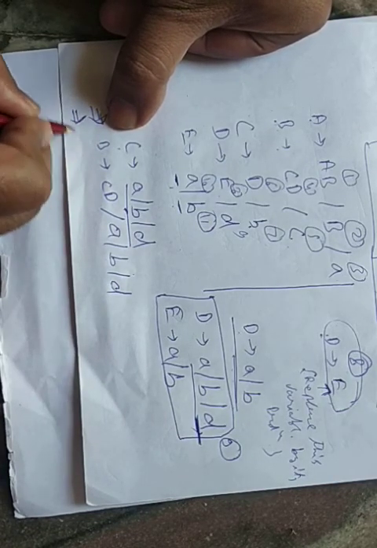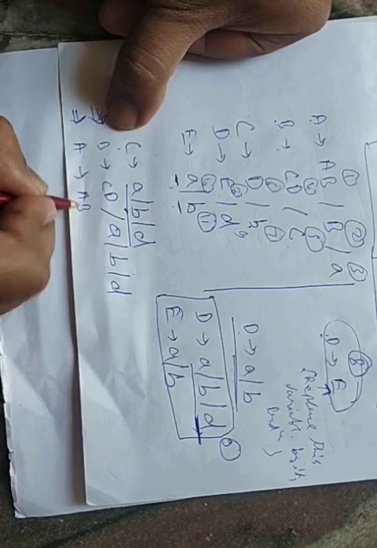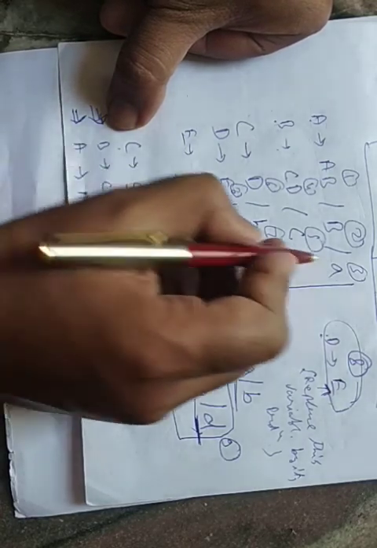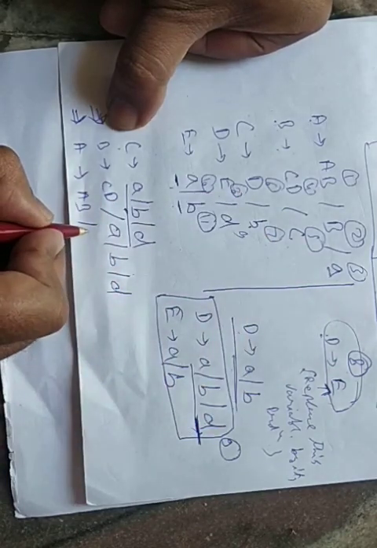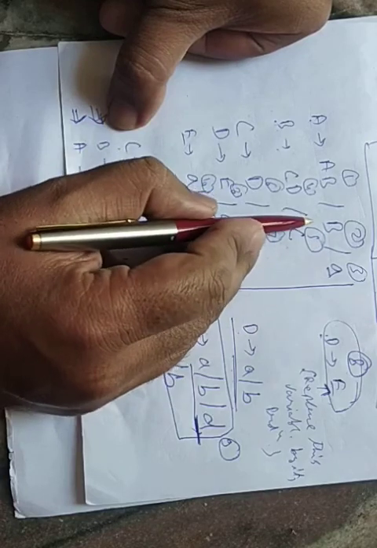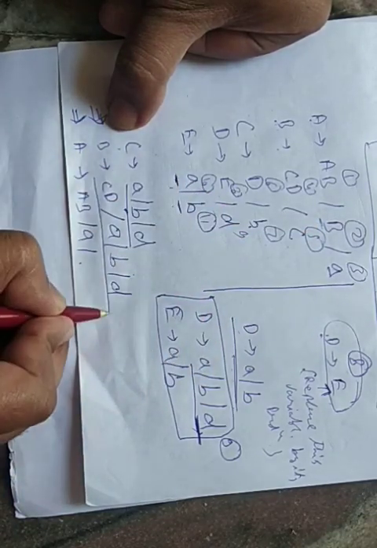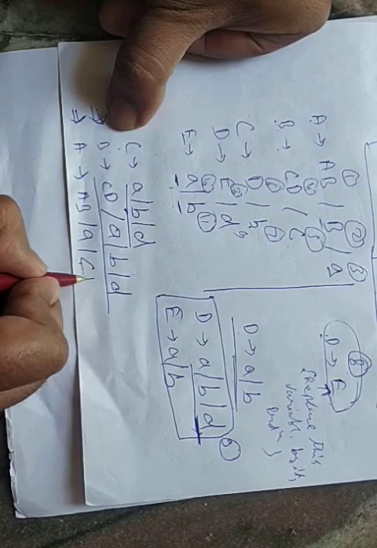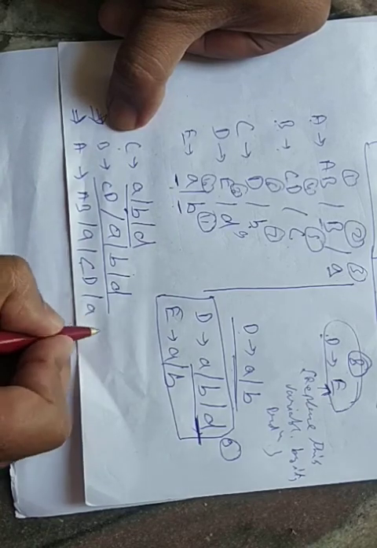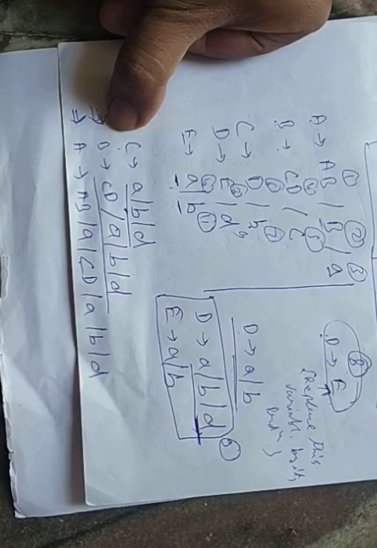Now finally for A, what do I have? AB, which is intact. This a is intact. Now in place of B, the value of complete B, which is CD slash a slash b slash d.